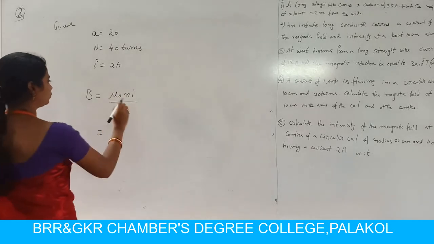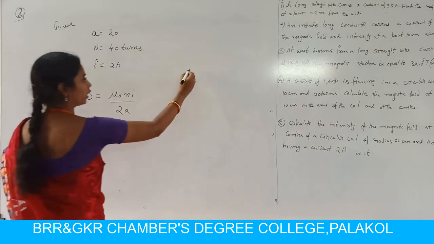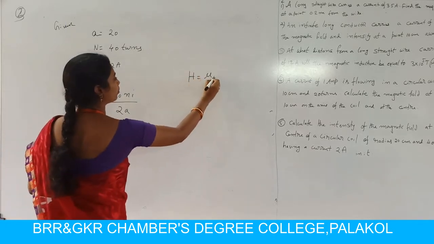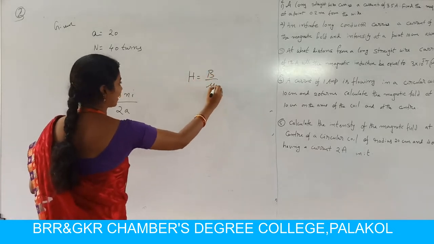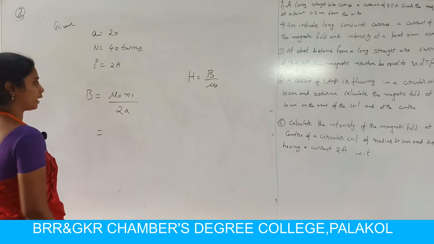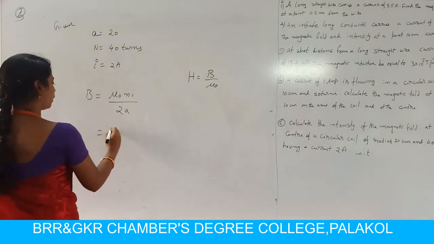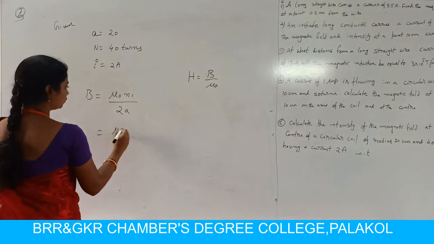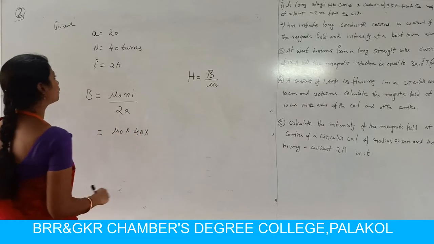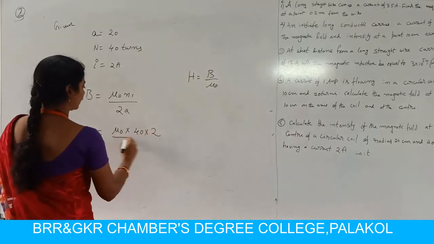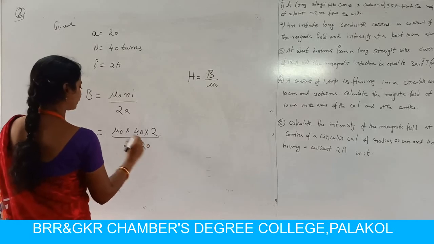We keep mu naught as it is, because we know H equals B by mu naught, so the mu naught cancels. Mu naught into n, which is 40, and I, which is 2, by 2 into a, which is 20.